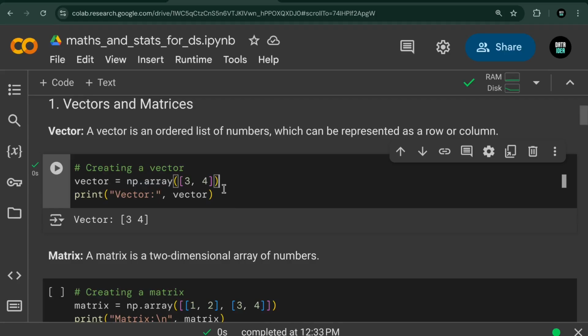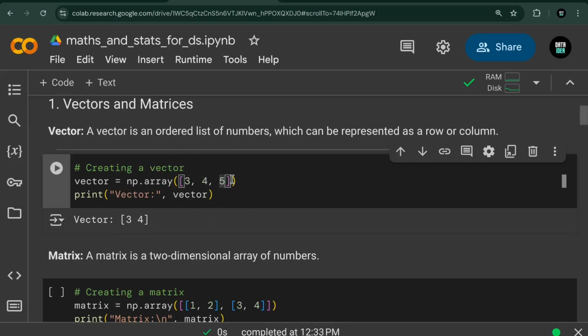NumPy is a Python library for dealing with mathematical stuff in data science. So here I create a vector with only two numbers. I can add a third number, and you can assume maybe this is some measurements of an object, and we have maybe 3 centimeters, 4 centimeters, and 5 centimeters.